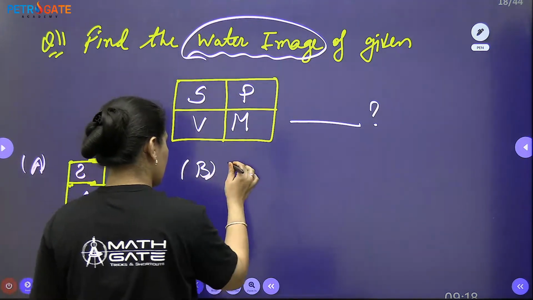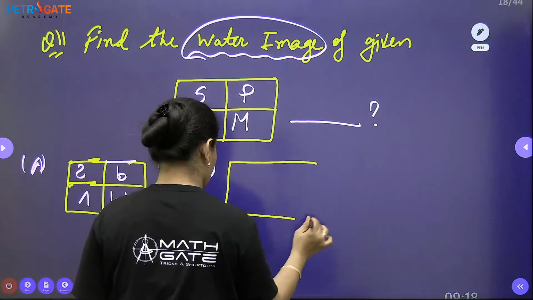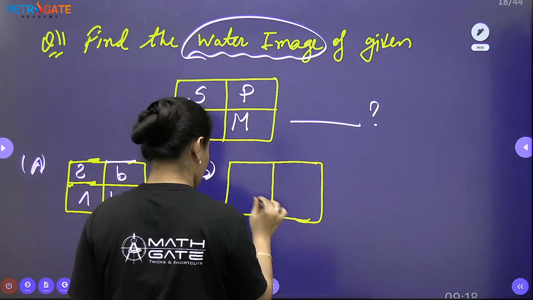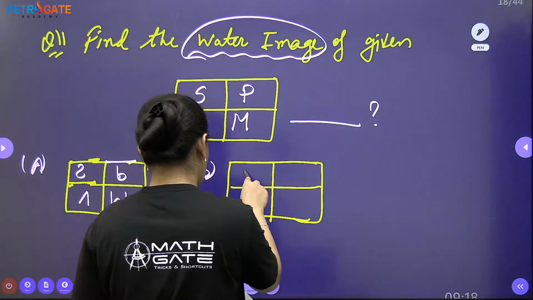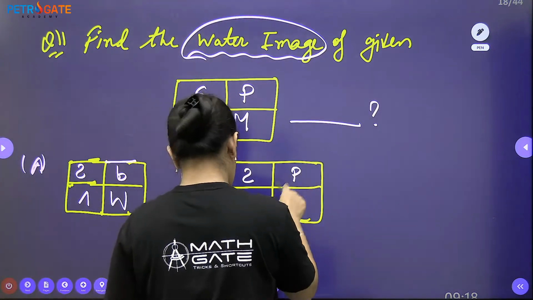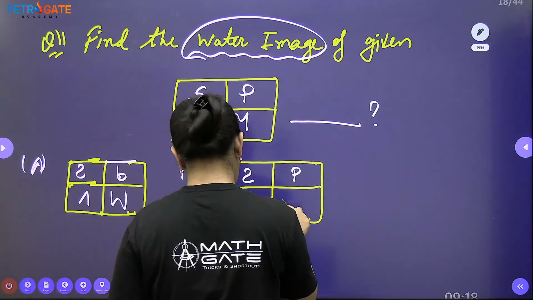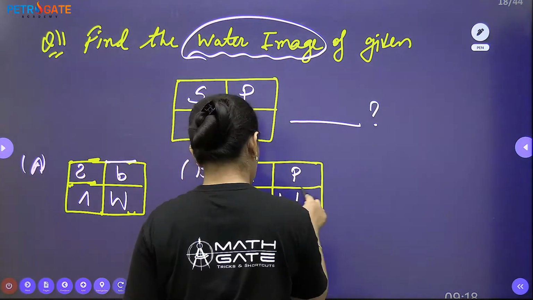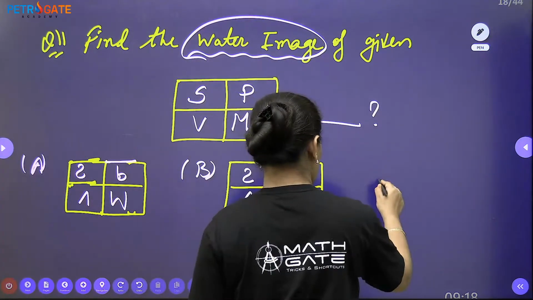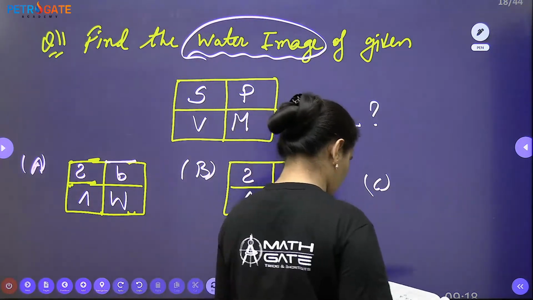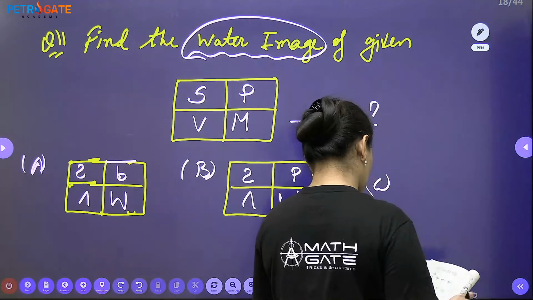When we go for option number B, it's S P V and M. When we go for option number C, can we go for here only? Yes, we can go for here only.